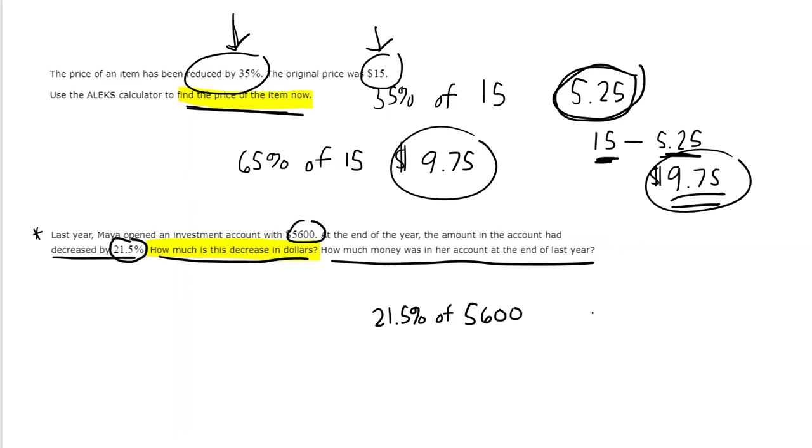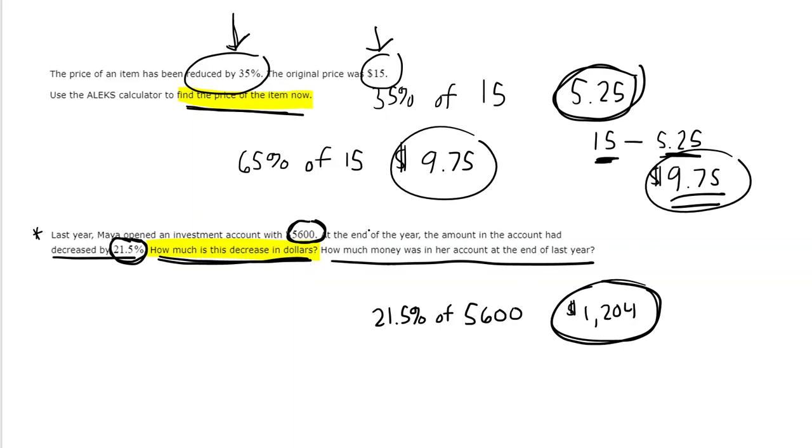So that's going to be 0.215. Then you times that by 5,600 and you get $1,204. That'll be your first answer. How much is this decrease in dollars? 21.5% of 5,600 is 1,204. That's how much money she lost. That's the decrease in her account.